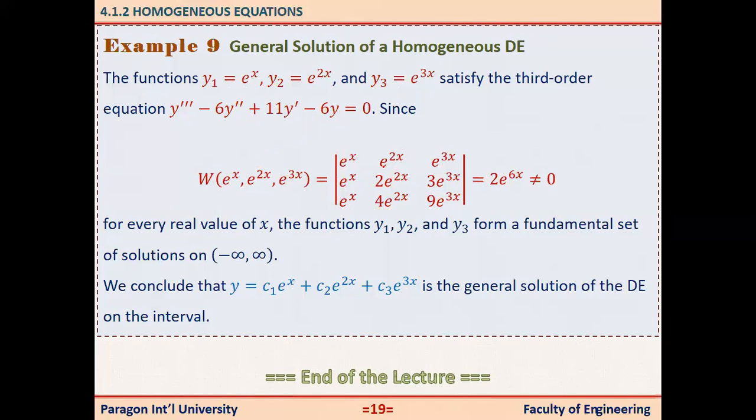And if you just evaluate this, the determinant is equal to 2 times e to the power 6x, which is never equal to 0, right? For every real value of x. Then the functions y1, y2, and y3 form a fundamental set of solutions of this differential equation on the given interval. Then the general solution of this equation is just a linear combination of these functions.